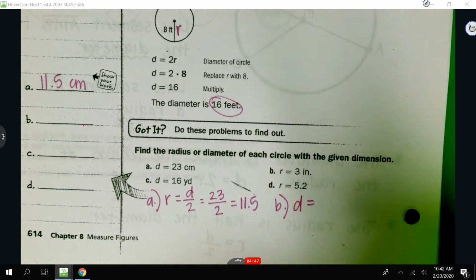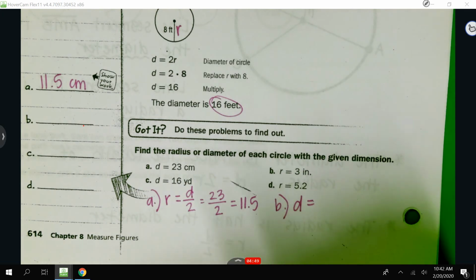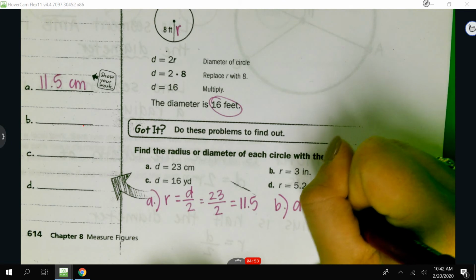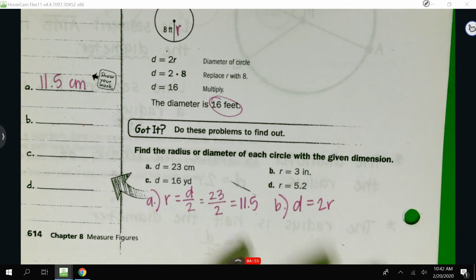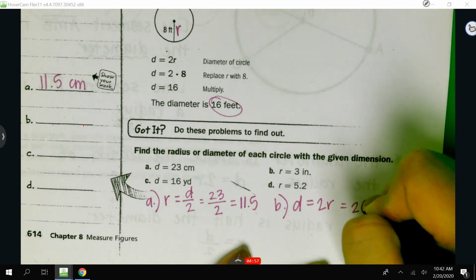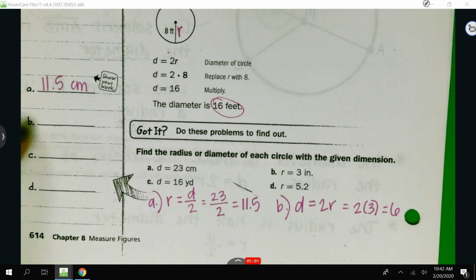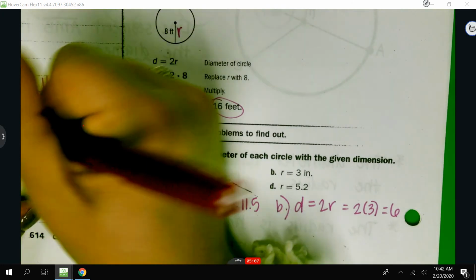So what is that? D equals what? 2 times R. And then R is 3, so that means I have 2 times 3, which is 6. So your diameter is 6 inches.